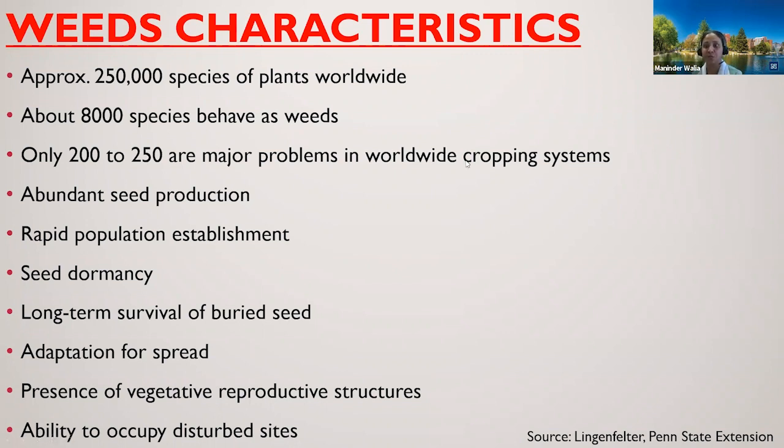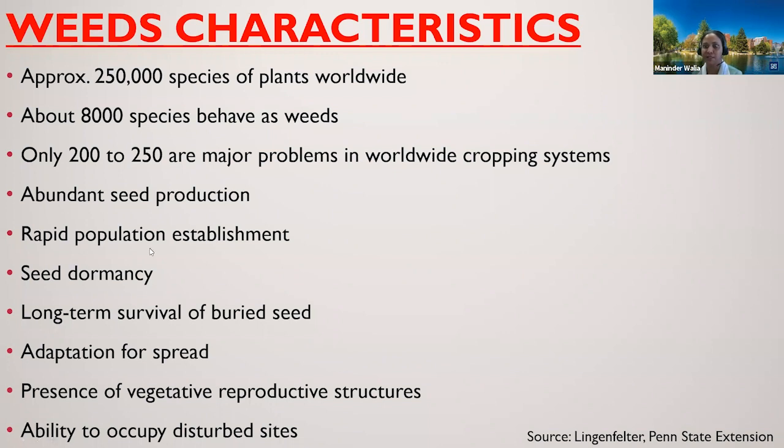They possess one or more of these characteristics that allow them to survive and increase in nature. First, abundant seed production. They can produce tens or hundreds of thousands of seeds per plant. However, most of our crop plants can produce only several tens of seeds per plant.